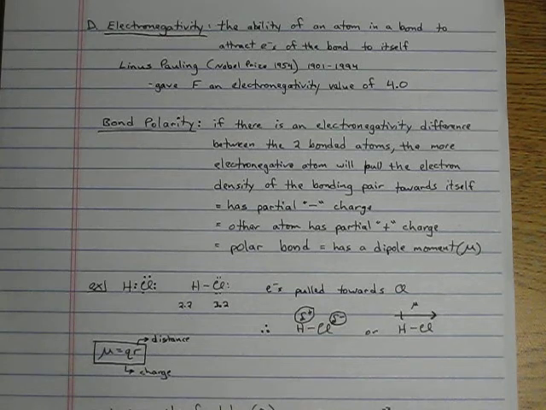Electronegativity, kind of a long definition, is the ability of an atom in a bond to attract electrons of that bond to itself. Mainly we're talking about covalent bonds here, but electronegativity is just a value given to atoms based on their ability to attract electrons to themselves.